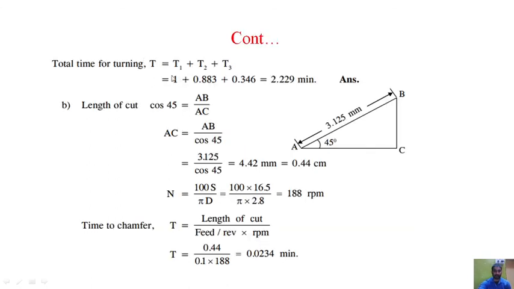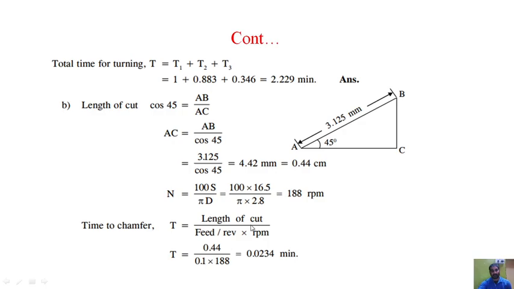So total time will be 1 minute for first cut, 0.83 for second cut, and this is for third cut, that is 2.29, and plus you have to add this 0.0234.